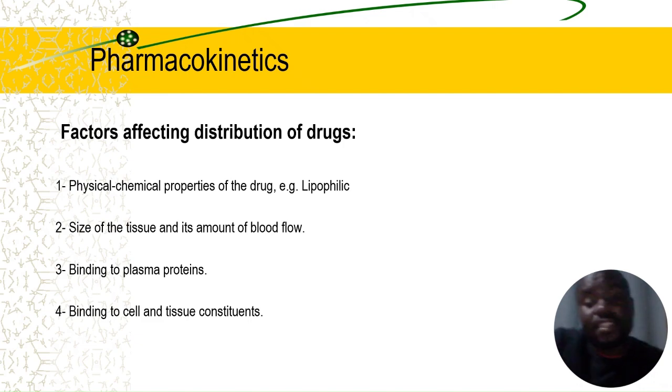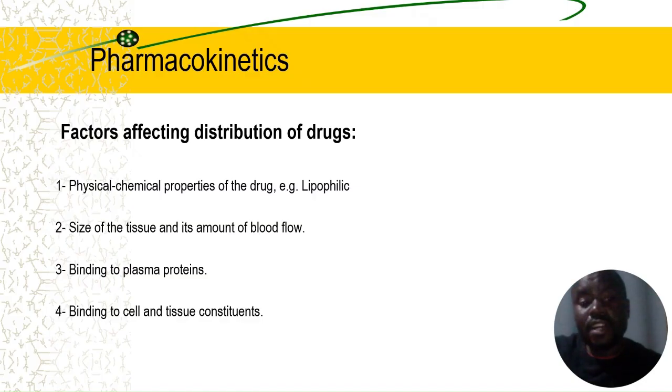What are the factors that can influence volume of distribution, how much the drug escapes the plasma? One of them is the properties of the drug, for example, lipophilicity, the ability of the drug to dissolve in fat and cross biological membranes. The more lipophilic, the more it is able to diffuse and leave the blood into other tissues.